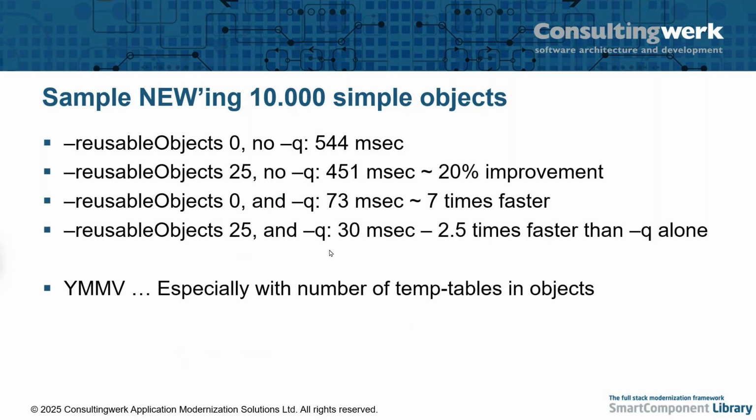And if I combine both features here with a small value of reusable objects, because I'm just looking at one object that I create and delete 10,000 times, then my program does that in 30 milliseconds. So that's, again, 2.5 times faster than just using -q alone. So we see a continuous improvement in the runtime.